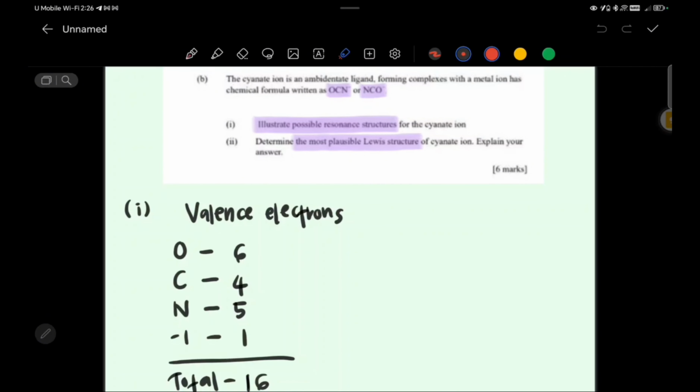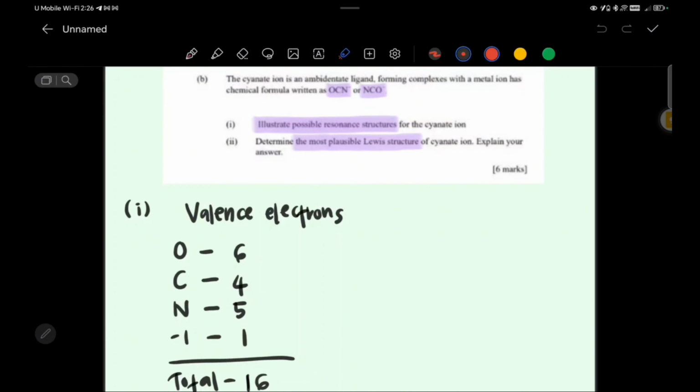Before we draw the possible resonance structures, we need to know the total number of valence electrons. As we all know, oxygen has 6 valence electrons, carbon has 4, and nitrogen has 5. For the negative one, I take this from the chemical formula OCN- or NCO-. The minus means the ion receives an electron.